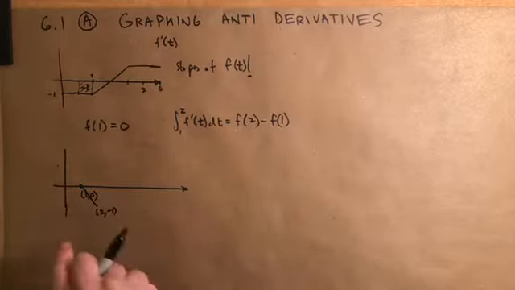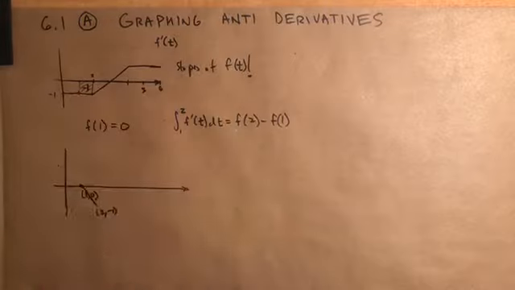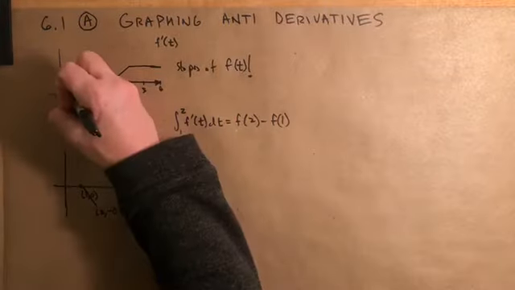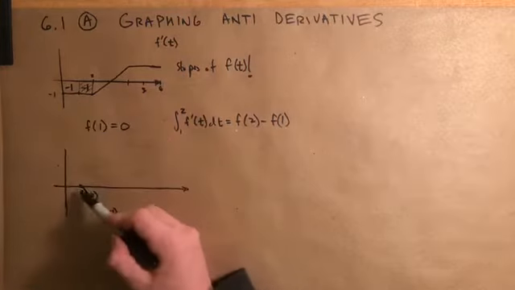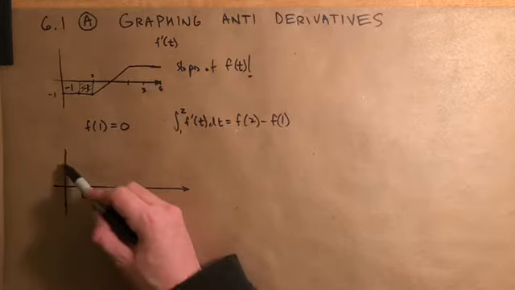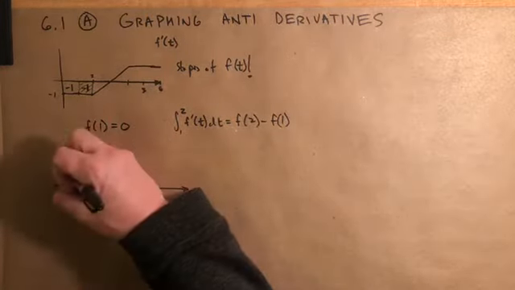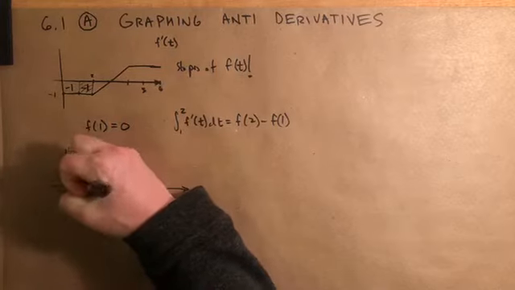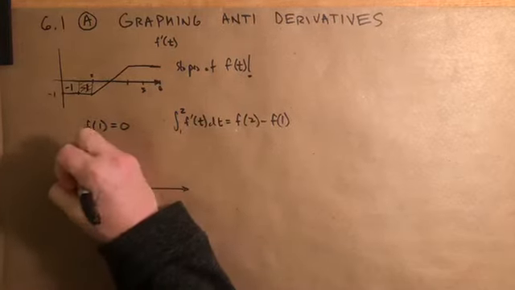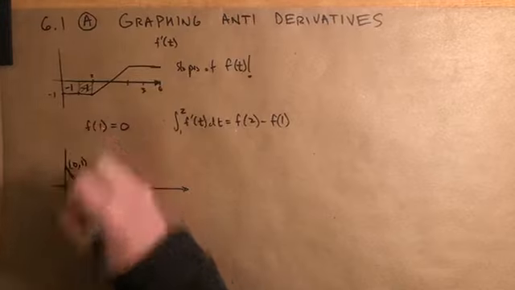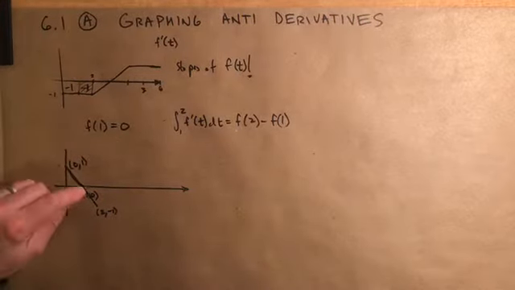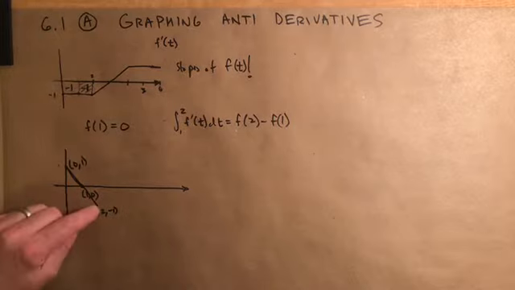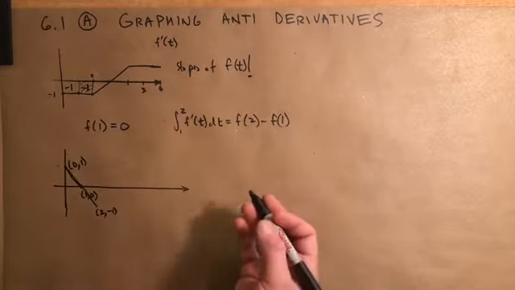Okay, let's think about what happened here. Well, we went down 1 unit again, but I was at 0. So I went down to get to 0, and so the output here should be 0, 1. It corresponds to a 1 unit drop, another 1 unit drop, and now we're going to start increasing again.